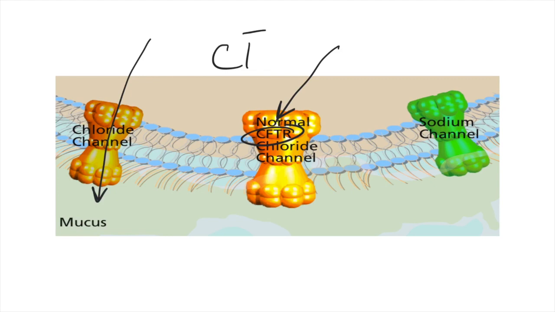Mucus's job is to trap bacteria and harmful material, so it's quite important to keep this airway clean by cleaning up the mucus with the help of cilia. So again, the mucus's job is to trap the bacteria and the ciliated cells are to push the mucus.